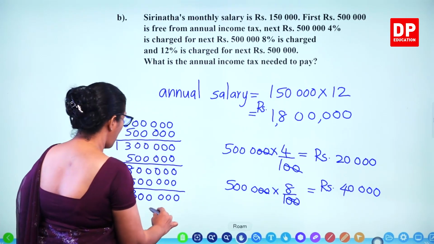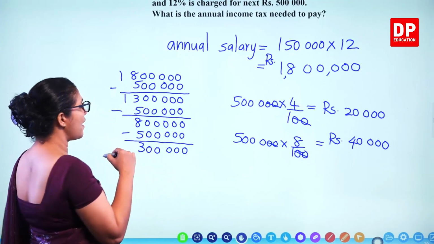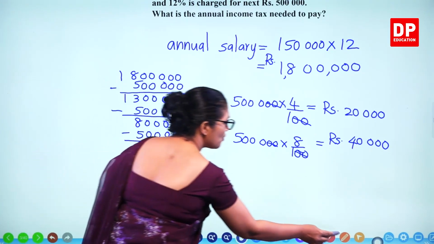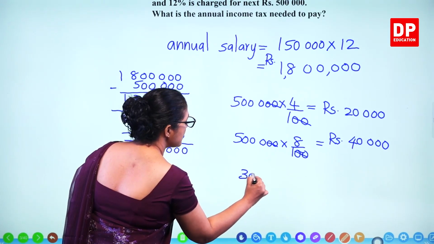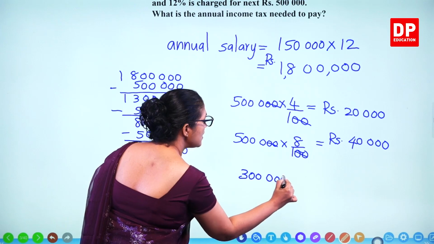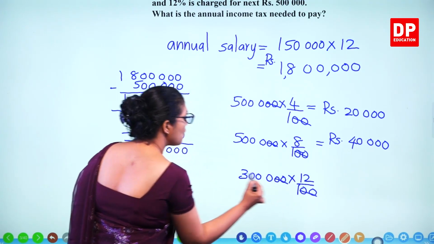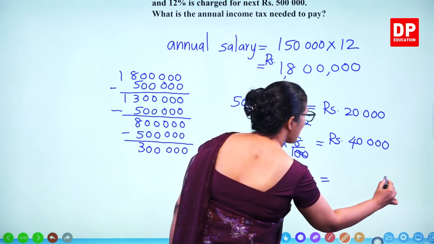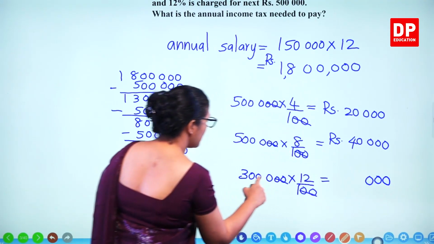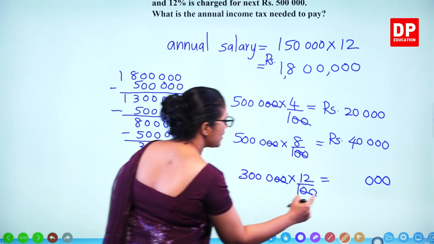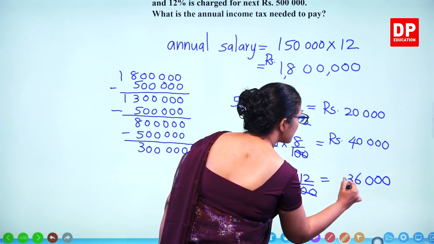Now for the last, this is less than 500,000, so you need to calculate the percentage from that. 300,000 into 12%. 2 zeros, and here multiply by 3. Put 3 zeros and multiply by 3. 36,000.